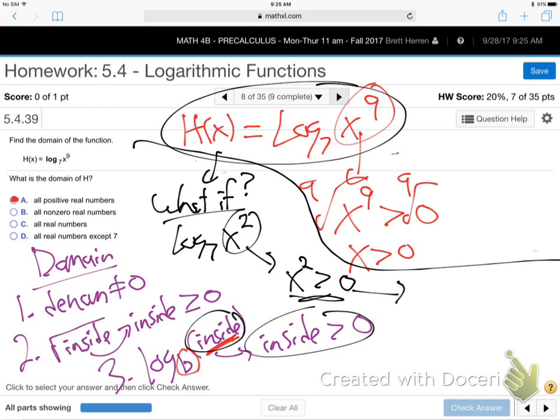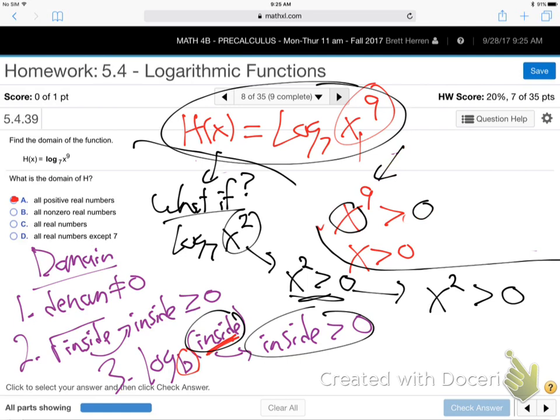Up here I had an odd power. So when can an odd power be greater than 0? What can you plug into an odd power that'll be positive? Greater than 0 means positive. Well, any positive number. Any positive number to an odd power will still be positive.